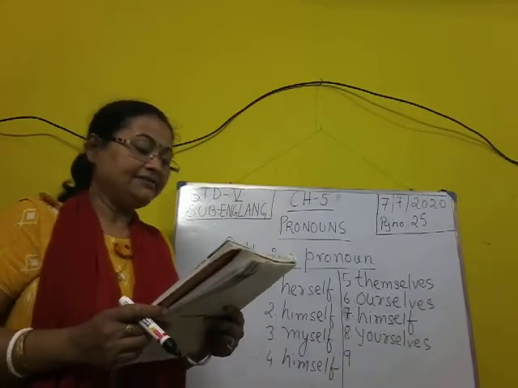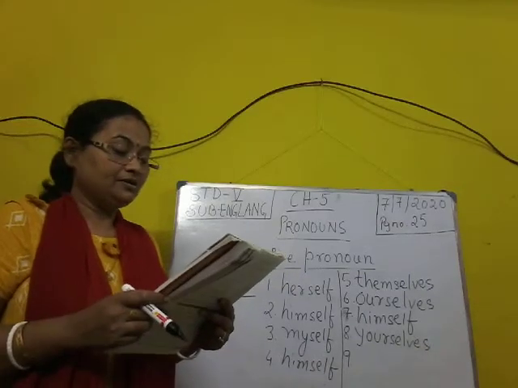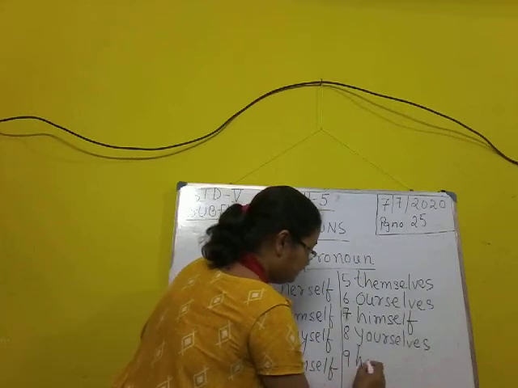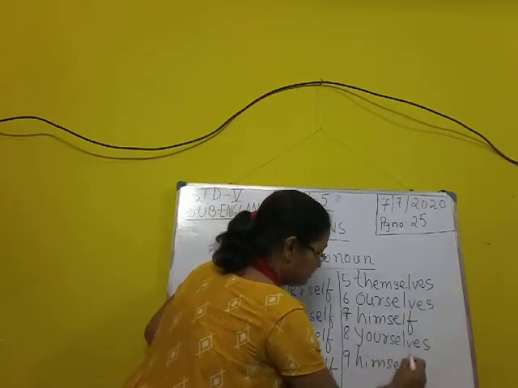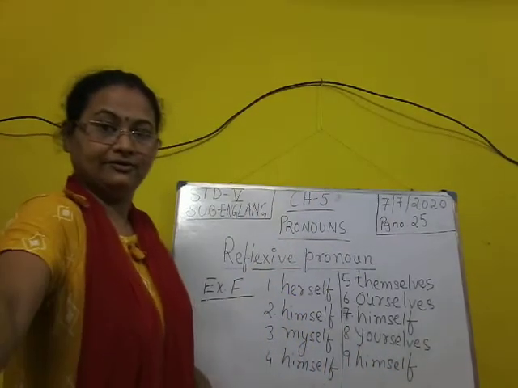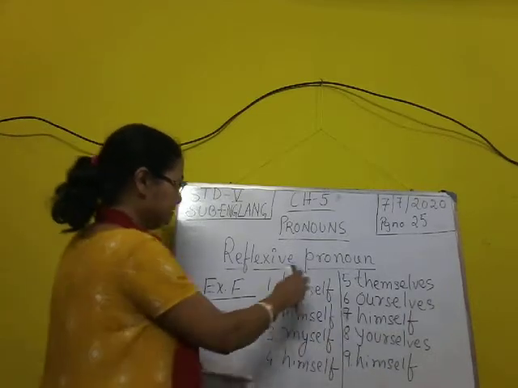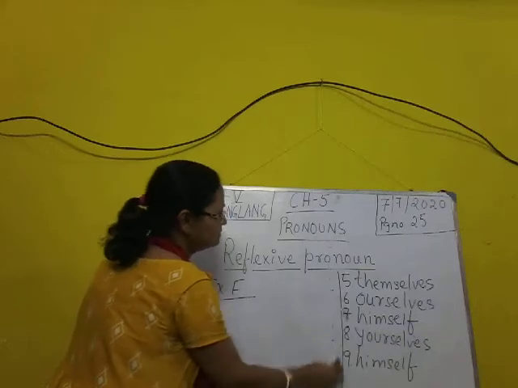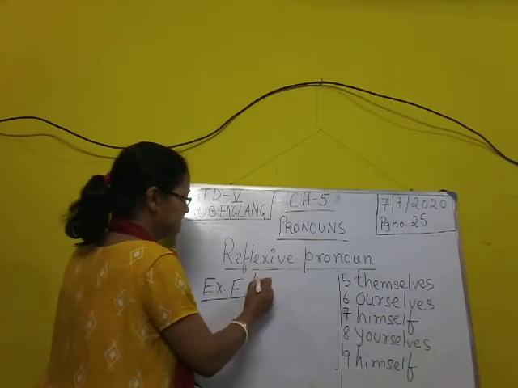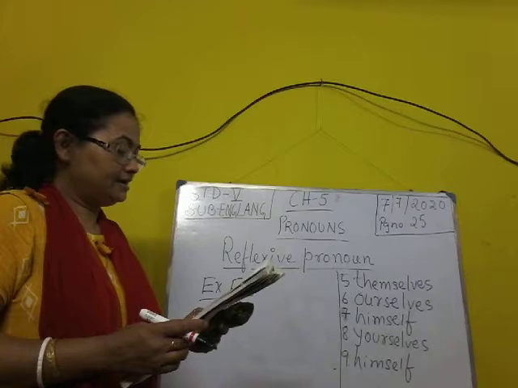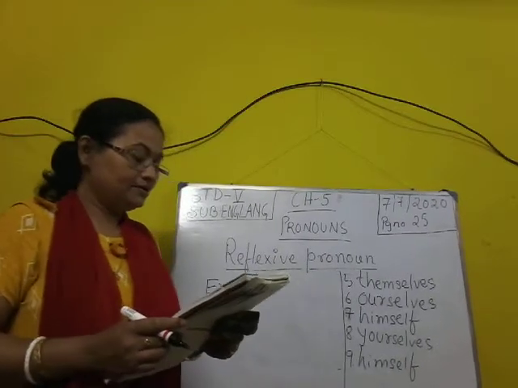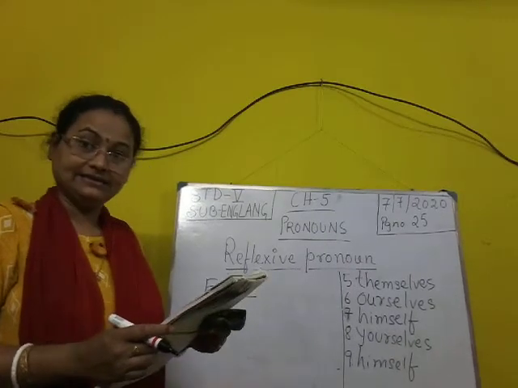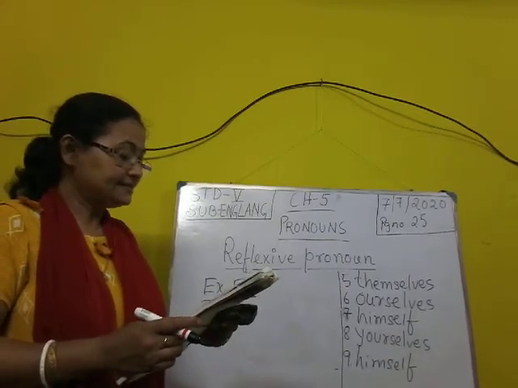Then, he dried blank with a towel. He dried himself. Write down himself. Now number 10, I am rubbing number 1 this side. Oh, number 9 is the thieves hid blank.